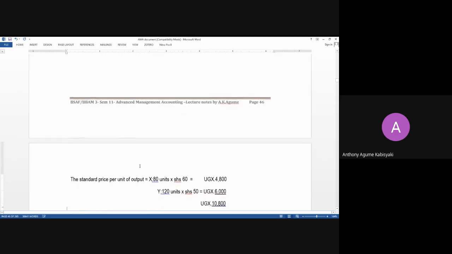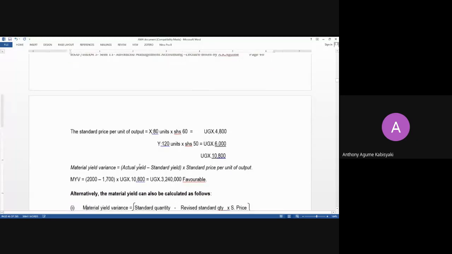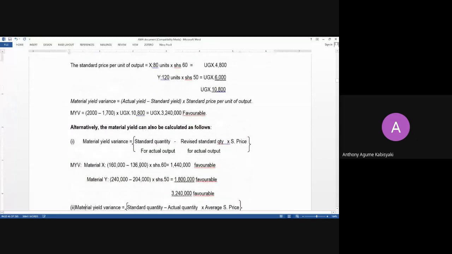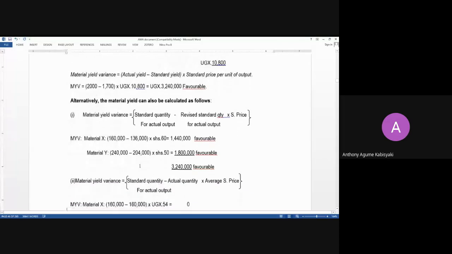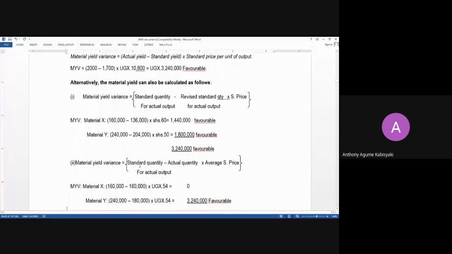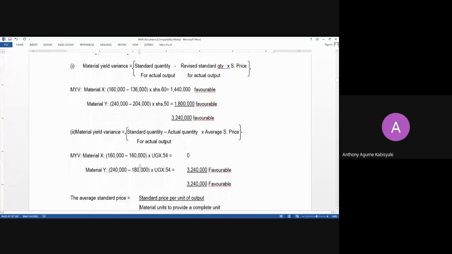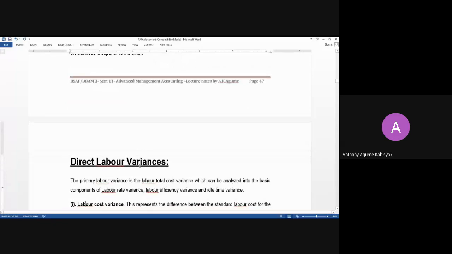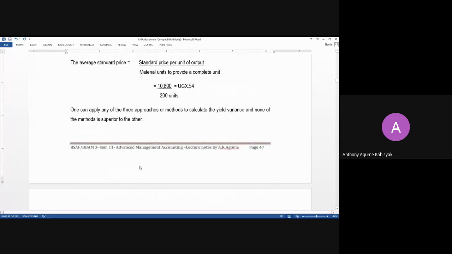So using the example, I want you to go through this because the solution is there, and you see how the figures were arrived at, especially for yield in respect of each material, that is X and Y.